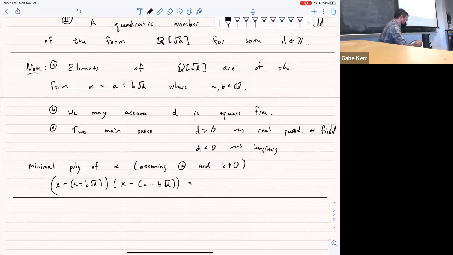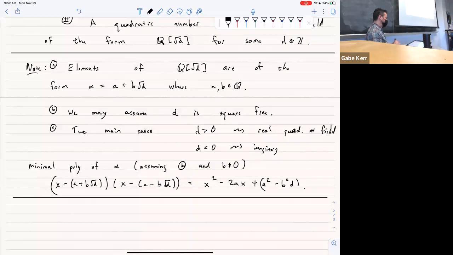And you're going to get x squared minus 2a x plus a squared minus b squared d.